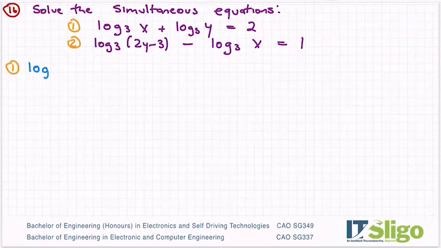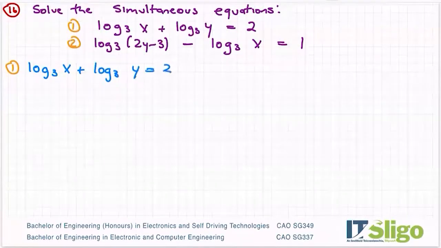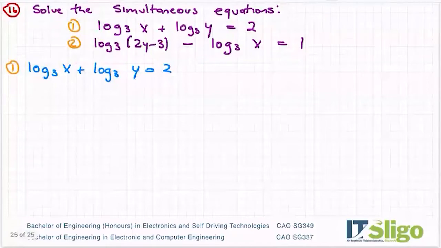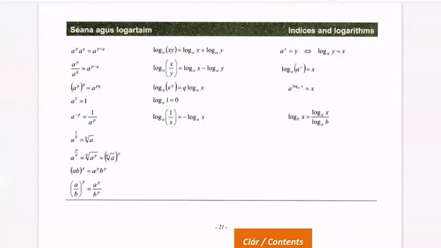So just looking at equation 1, it is log to base 3 of x plus log to the base 3 of y equals 2. So it's very much building on the other log questions that we have been doing as part of this revision series of algebra, indices and logs. Just as before, I'm going to use the rules of logs.